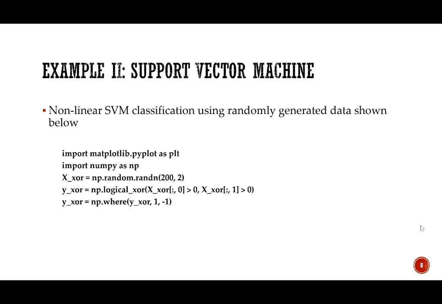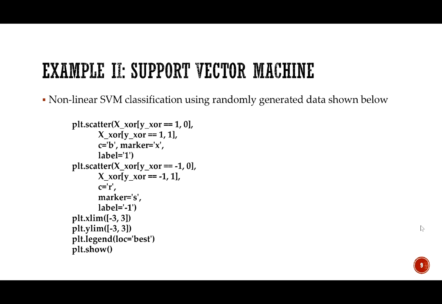Now based on true and false, we want to assign values. If it is true, we assign 1, and if it is false, we assign -1. To do that, we can use the where statement under NumPy. So np.where applied to y_xor: 1 if it is true and -1 if it's not. So it returns elements chosen depending on the condition.